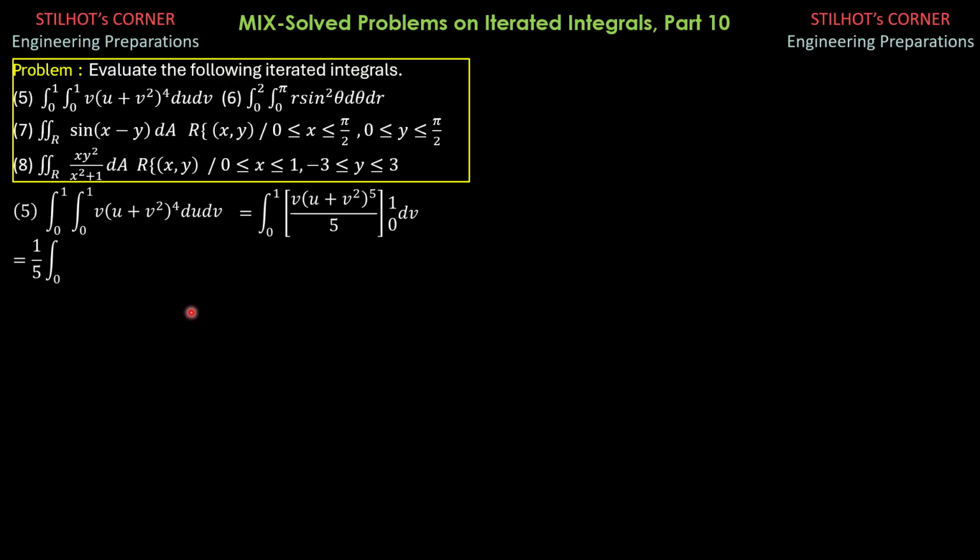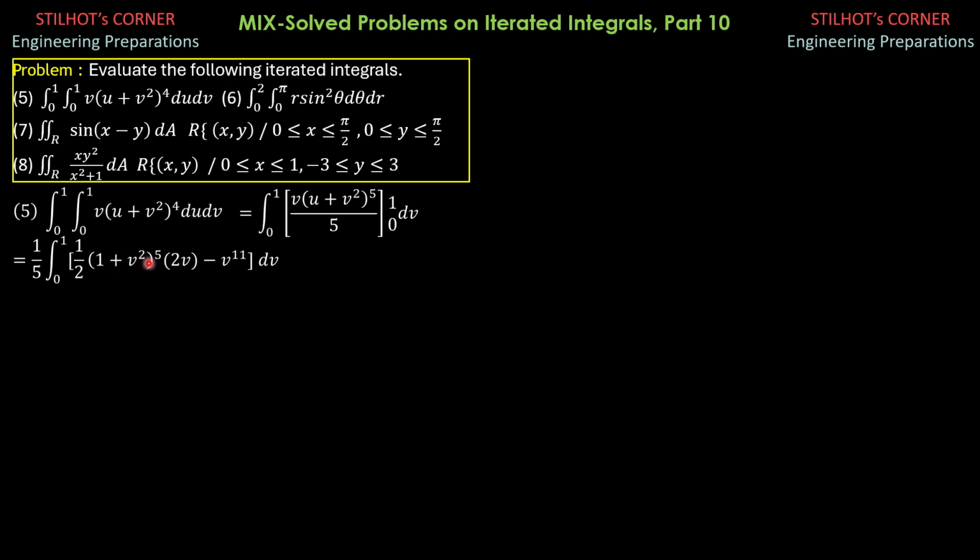So we have 1/5 integral from 0 to 1 of 1/2 times the quantity 1 plus v square raised to 5 times 2v. That's what I mentioned to prepare this for the power formula, then minus the lower limit, minus v times v squared to the 5, so that's v to the 11 dv.